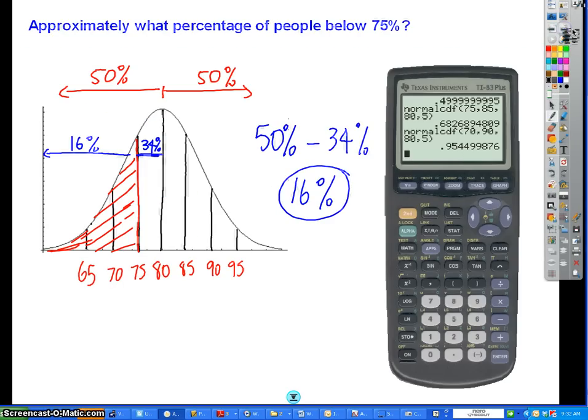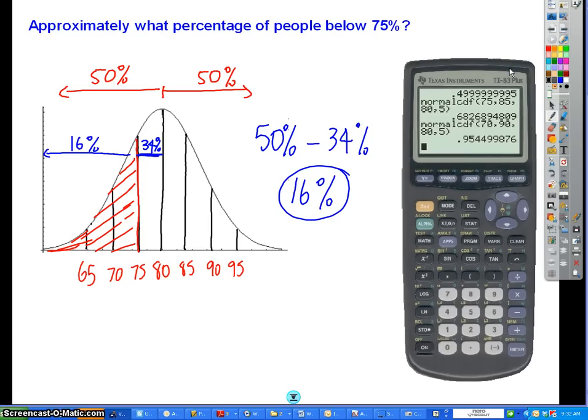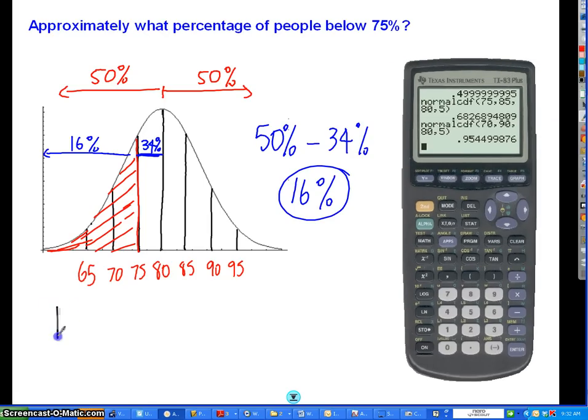Alright, let's have a look at another one. Percentage of people below a 75. Okay, so let's set up our distribution. We want the probability that our score is less than or equal to 75. Whether it's just less than or equal to really doesn't make any difference. Alright, so to enter that this time, let's just write down what we're going to have. Normal CDF.